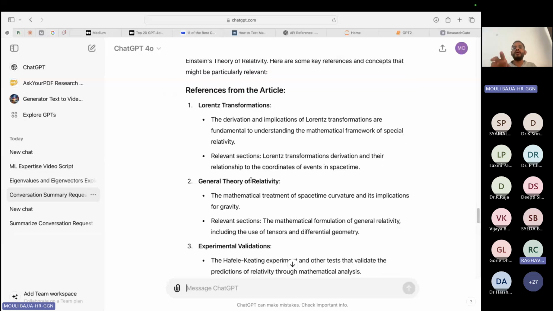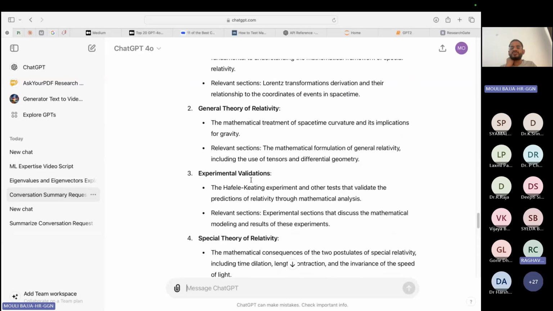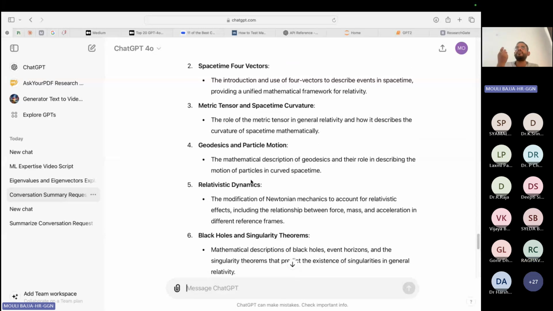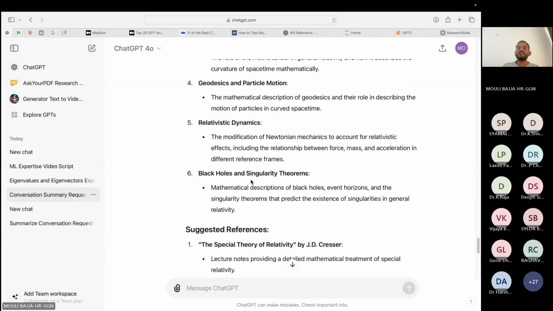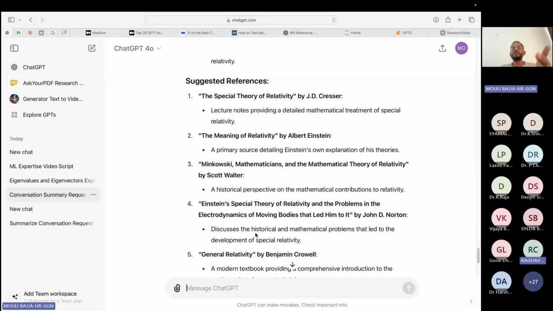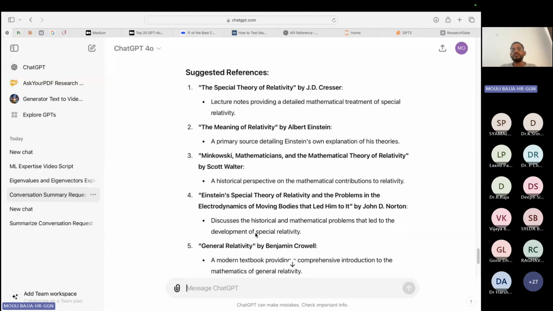Then it has provided Lorentz transformations, obviously connected to mathematics, and other aspects. So any aspect of that article, if you want to extract or make a summary, now it becomes a lot easier. Suggested references. So there are other references.